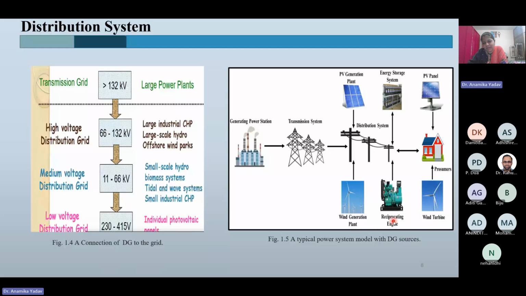That is, for 3 hours it can supply 40 megawatt of supply. So power stations which include energy storage systems are also there, and wind turbines, reciprocating engines. These types of DGs are also installed at distribution system level.